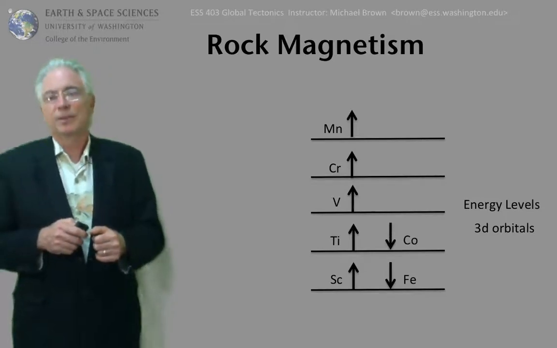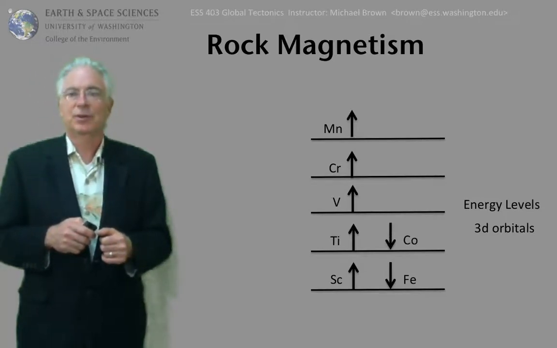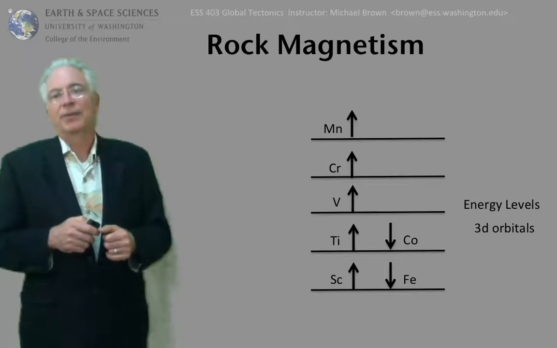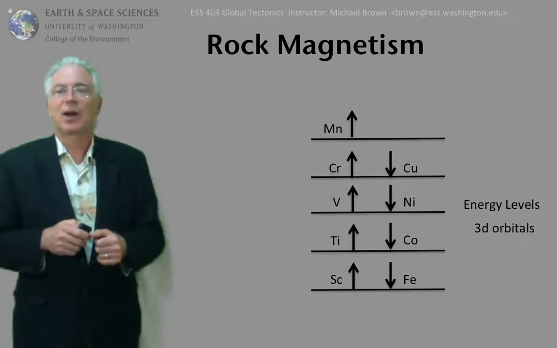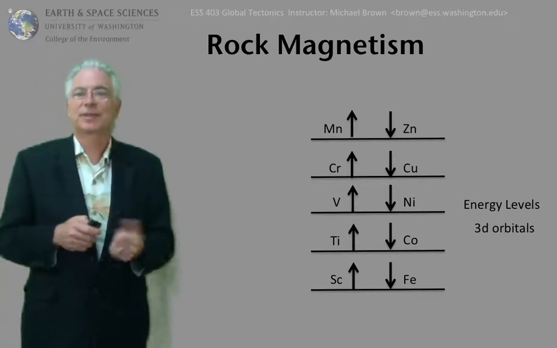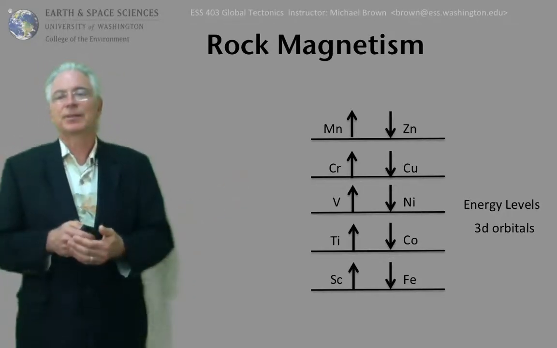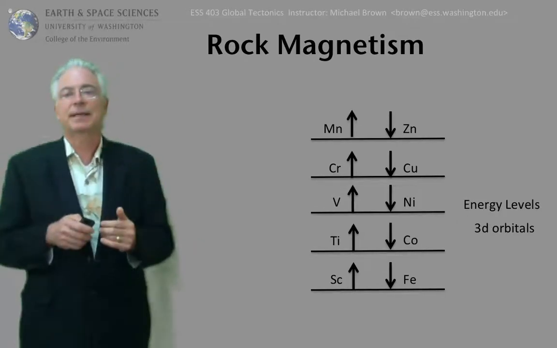Then cobalt adds another electron, so cobalt has 3 unpaired electrons. Nickel has 2 unpaired electrons, copper has 1 unpaired electron, and zinc has no unpaired electrons, and thus has no magnetic properties.